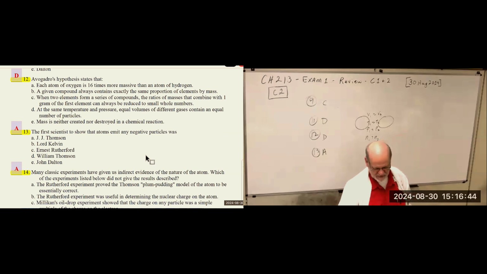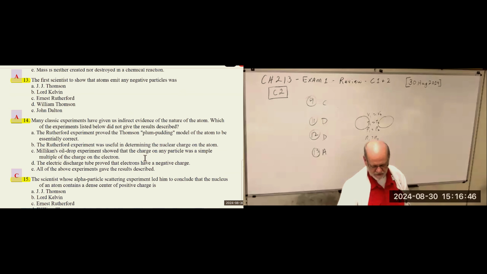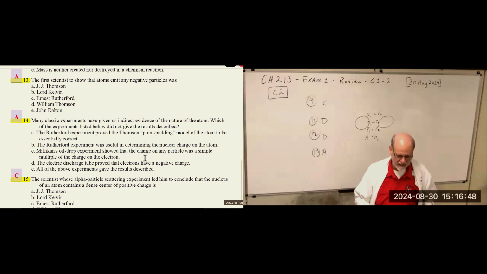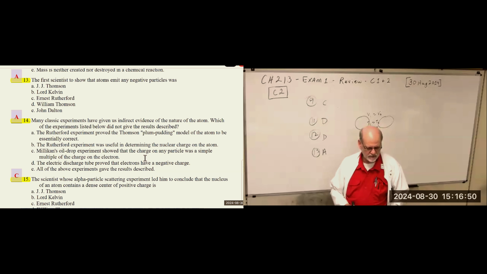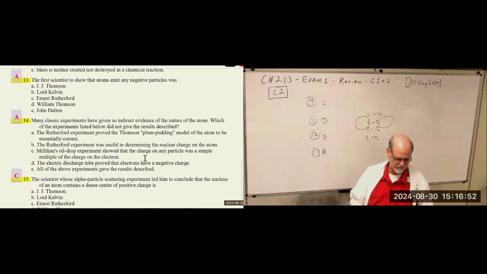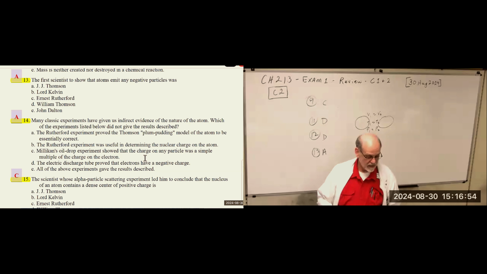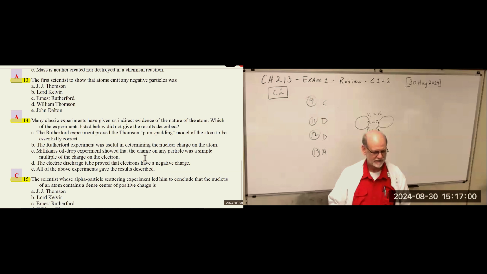14. Many classic experiments have given us indirect evidence of the nature of the atom. Which of the experiments listed below did not give the results described? Okay. A says the Rutherford experiment proved the Thomson plum pudding model of the atom to be essentially correct. That's the wrong one, yeah.